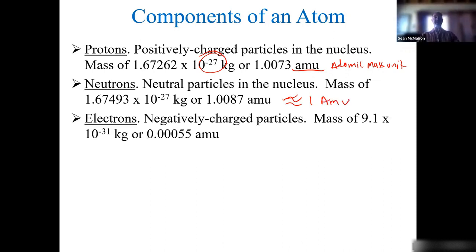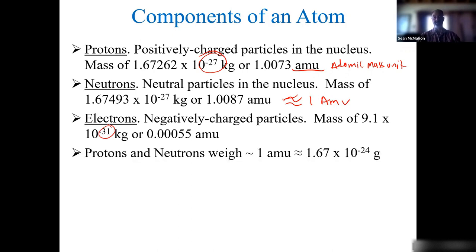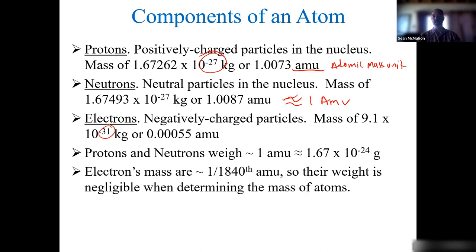Now, electrons have mass, but it's much less than an AMU, okay? It's about 1/2000th. We can see there's a difference in the exponent of 4 right there. So it's almost 10, so we could say 3, and 3 would be 1,000. But basically, the electron's mass is roughly 1/2000th of an AMU.